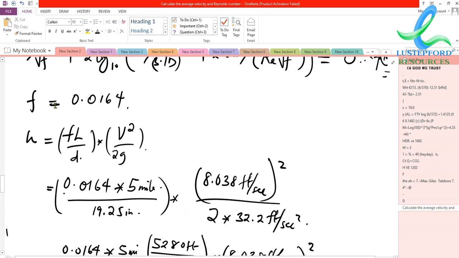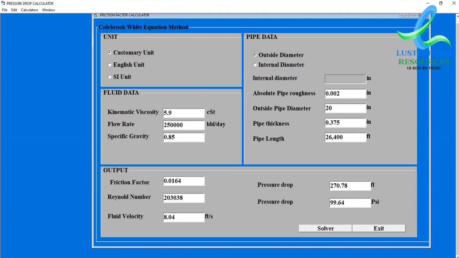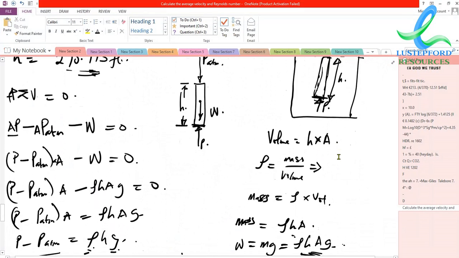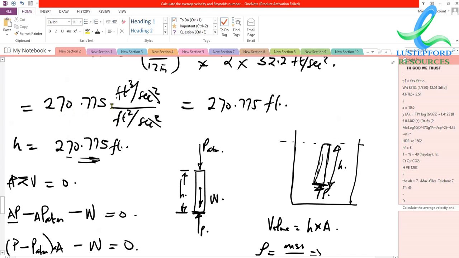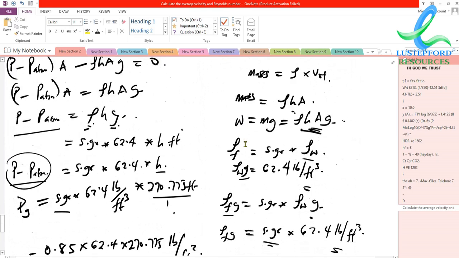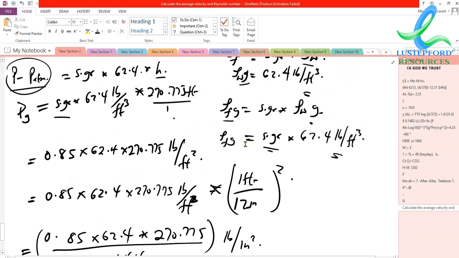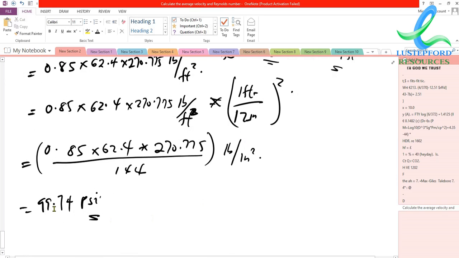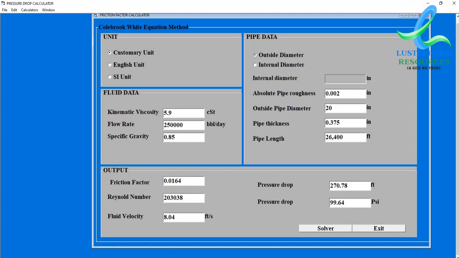The friction factor we got is 0.0164, and from my program I have 0.01164, the same. Now the pressure drop in feet is 270.775, the same thing. For the pressure drop in PSI, I have 99.74, and we got 99.64 here. The same.